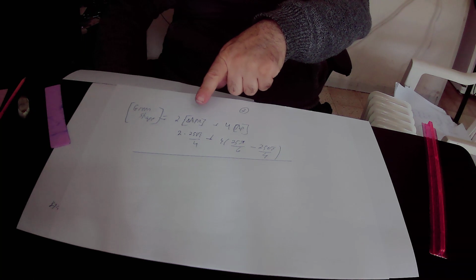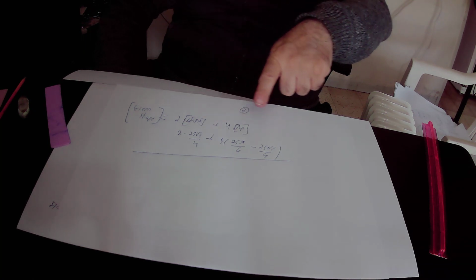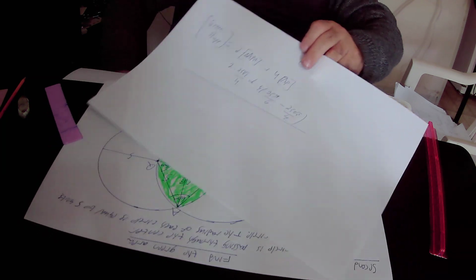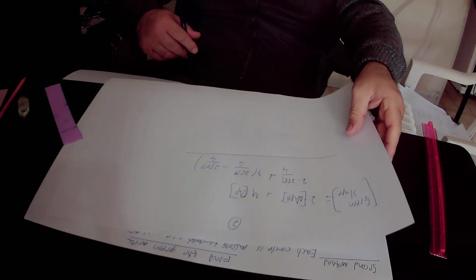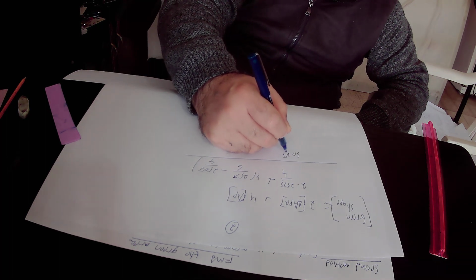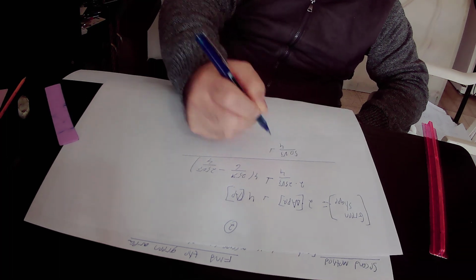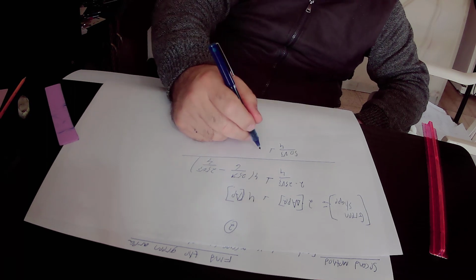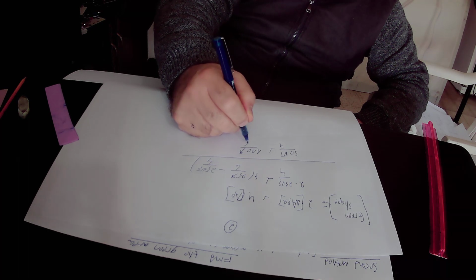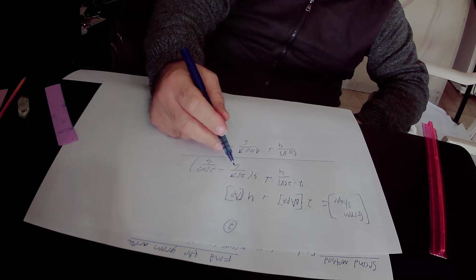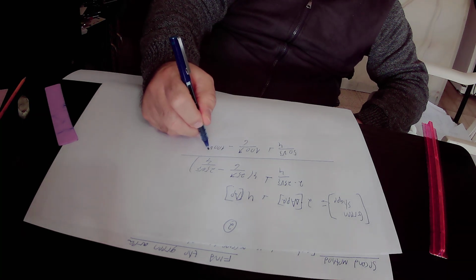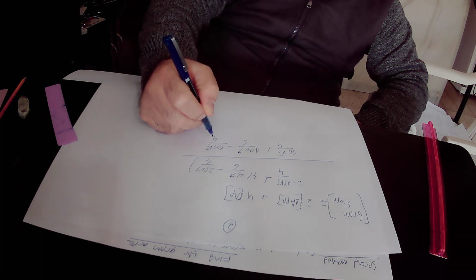So here we will multiply this equation by 2 and open the brackets, and we will get that 2 times 25 is 50 times square root of 3 over 4, plus 4 times 25 is 100, so we will have 100 times pi over 6 minus 4 times 25 is minus 100 square root of 3 over 4.